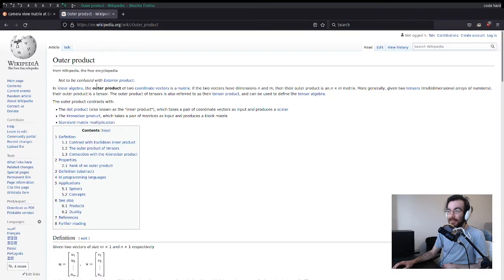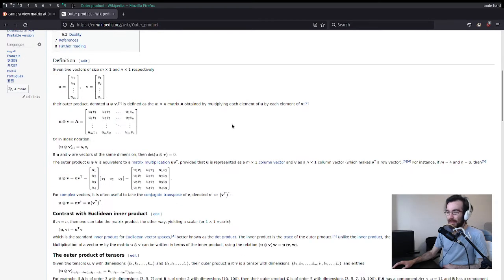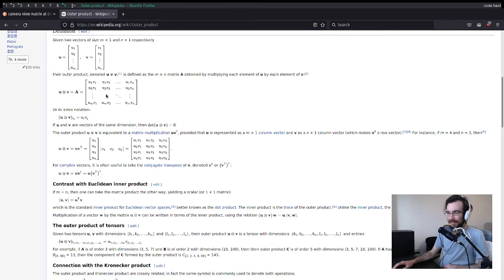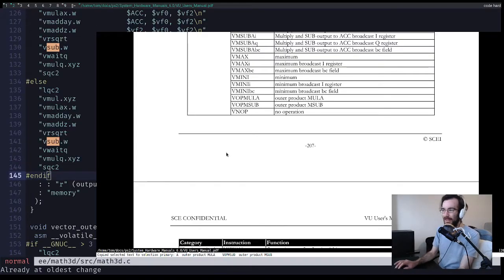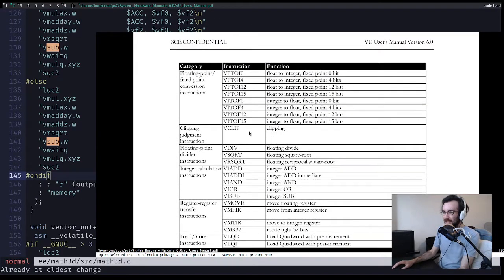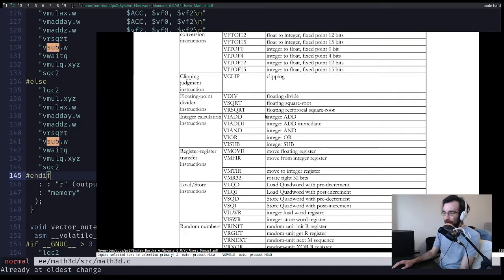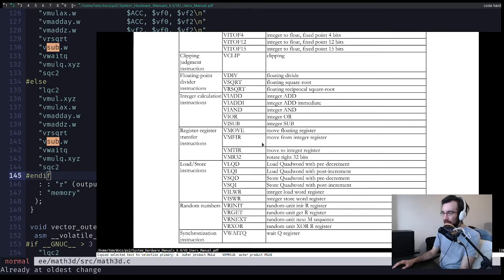Oh no. Is a matrix. Okay. Ah, yeah. The other multiplication. Yep. Cool.